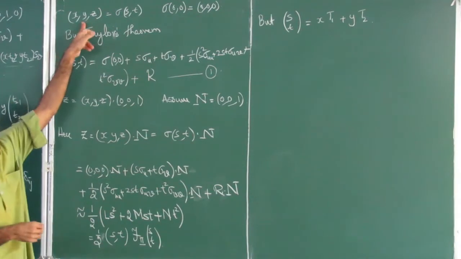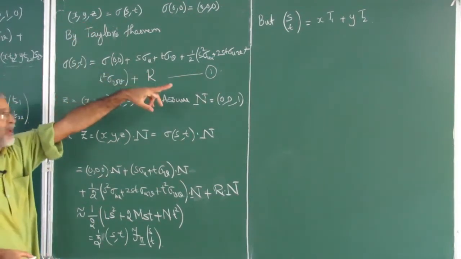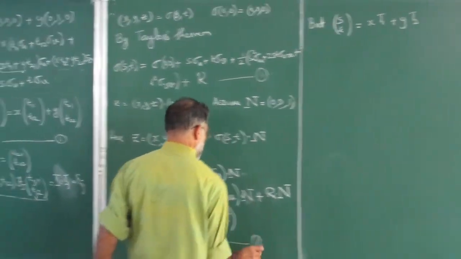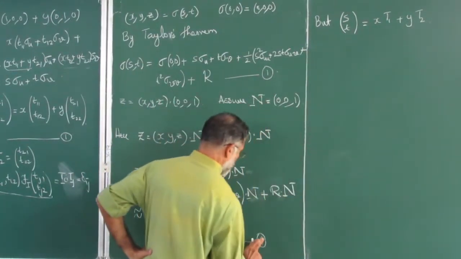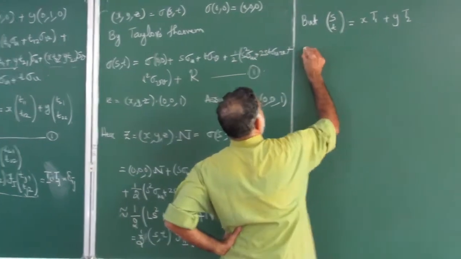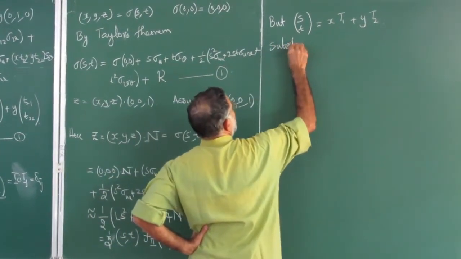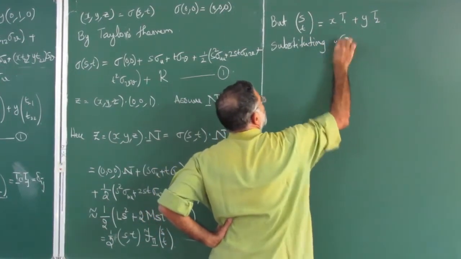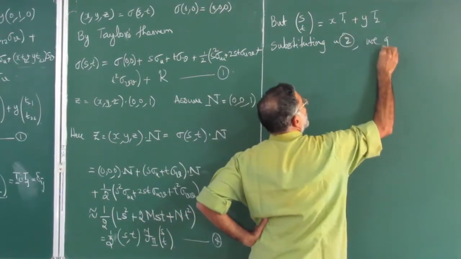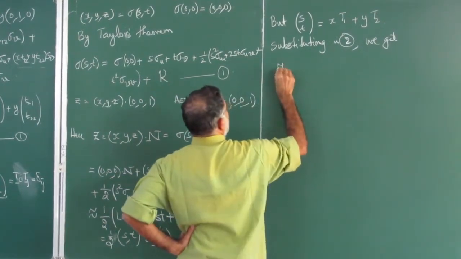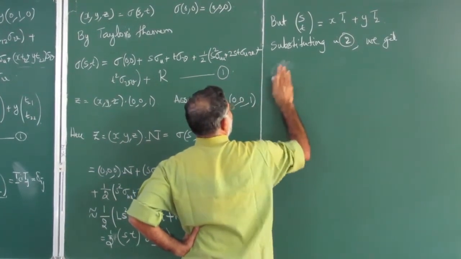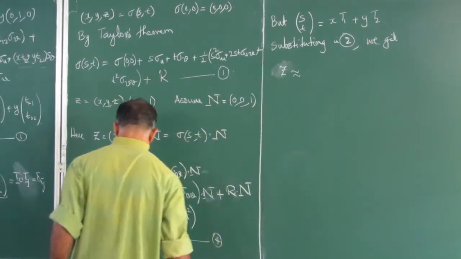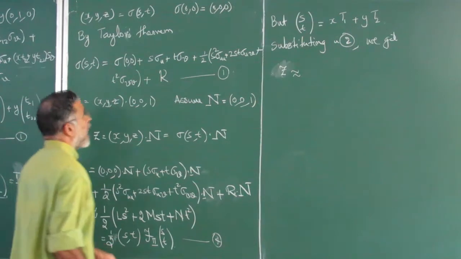Our own X comma Y, it has come back from S comma T2. So let us substitute. No, this will be 2 then. Substituting into, we get, let's make it very, z is approximately equal to half.